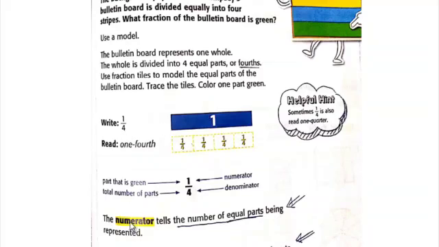What's meant by the numerator? The numerator tells the number of equal parts being represented, and the denominator tells the total number of equal parts. Then write a line to separate between the 2 numbers.